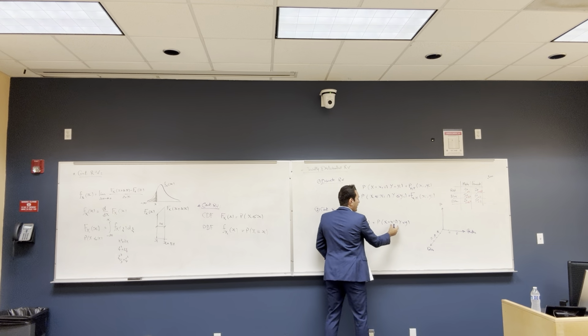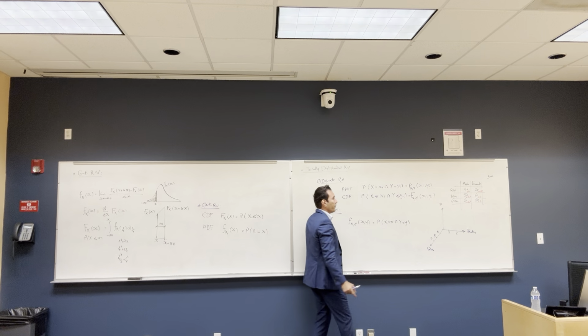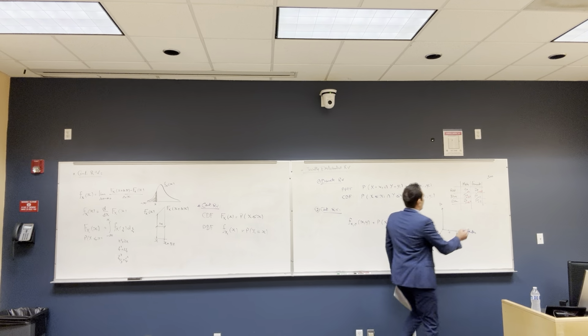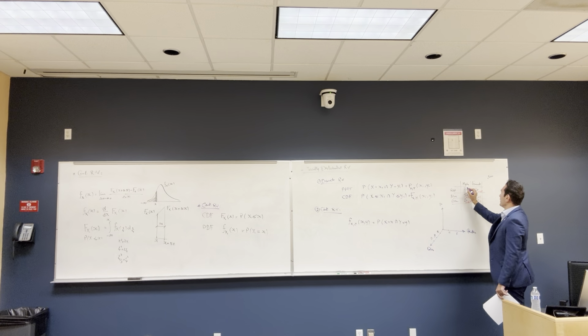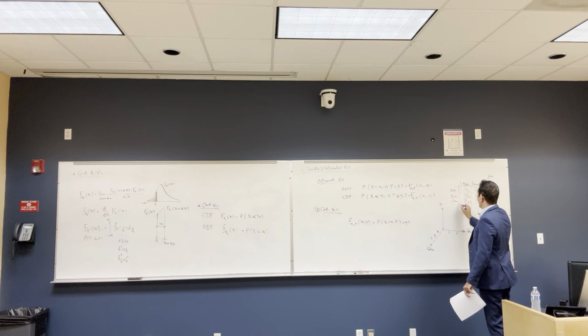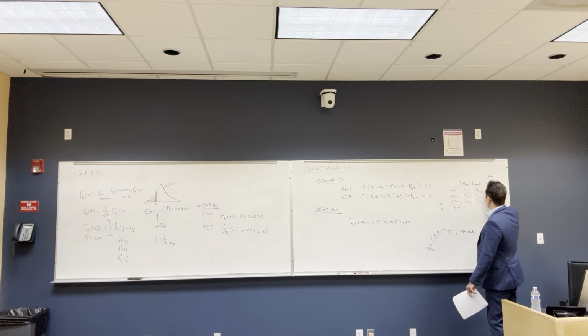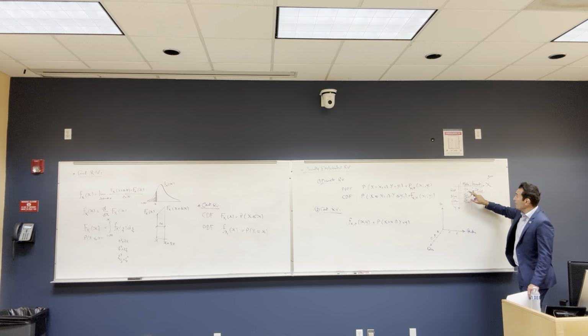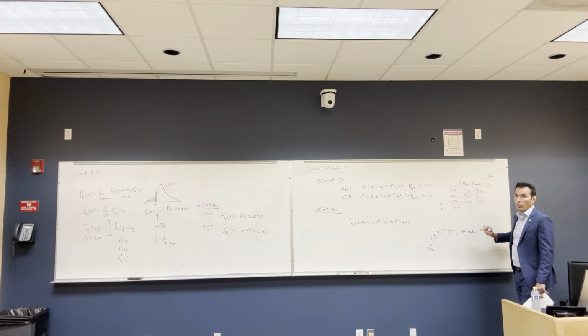X and Y capitals are the random variables, and x small and y small are the assigned values. Just to clear the confusion, let's say this is my random variable number 1, and this is my random variable number 2. So that's the X capital, Y capital. The assigned values, like 90 and 20 and 50, are the x small and y small.